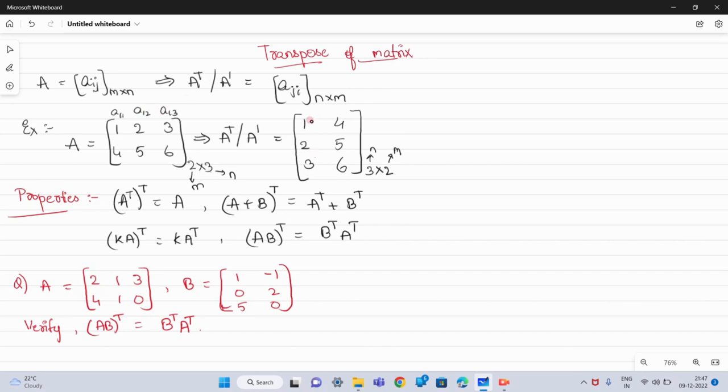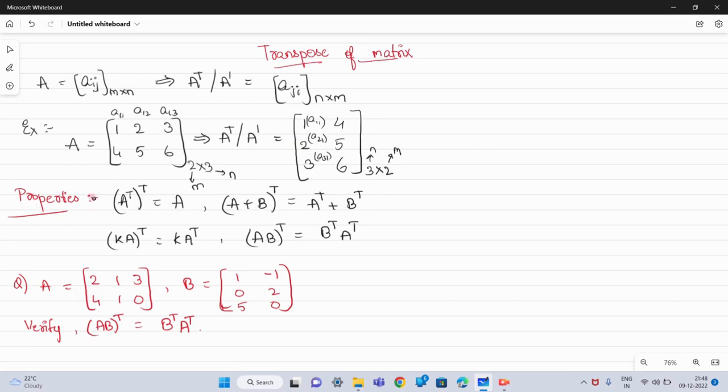Here it is a11, here a21, here a31, because first row first element, second row first element, third row first element, right? So now just compare this and this. Compare a12 with this. It became a21. So ij becomes ji. Understood?